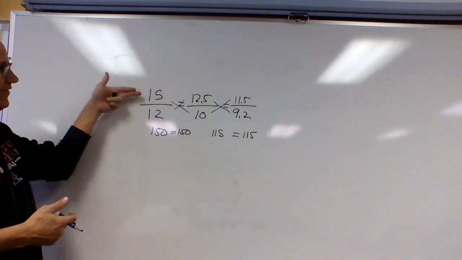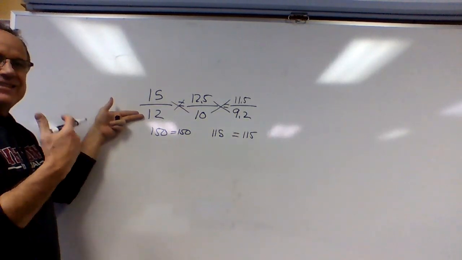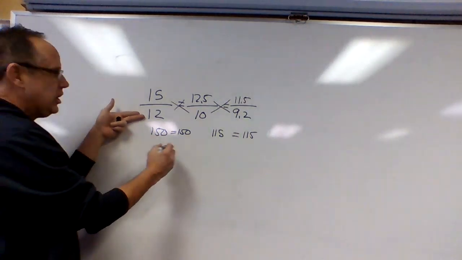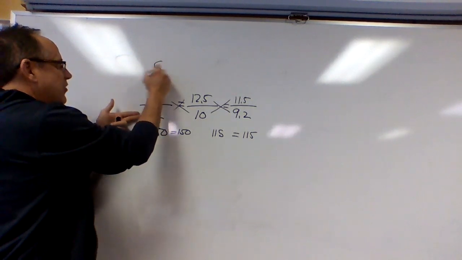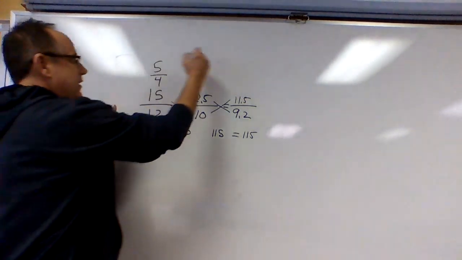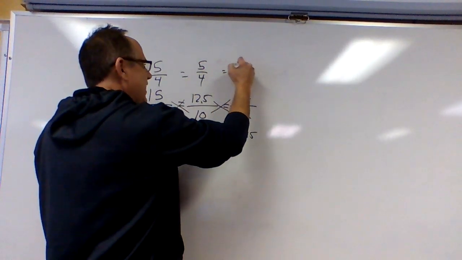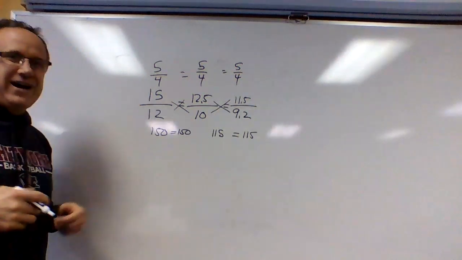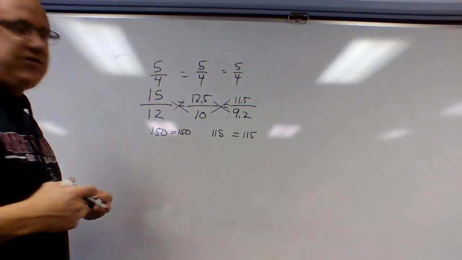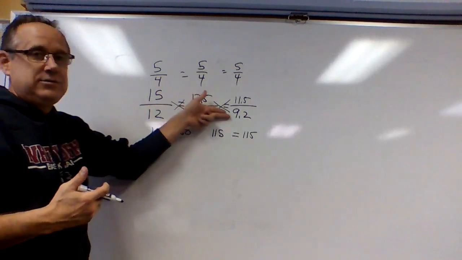So if we just said 15 over 12, okay, we could put that in a simplified form of a fraction, which would be 5 over 4. Each of them would be 5 over 4 if we simplified it down as low as we could. We could also put it in a decimal, okay?